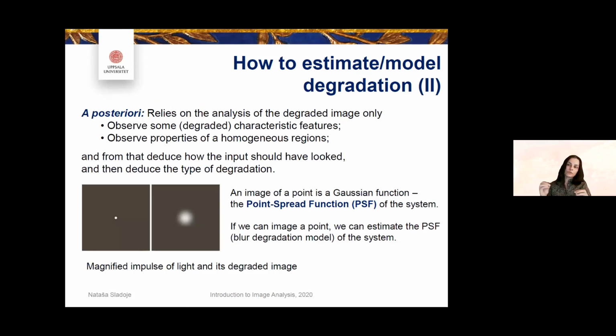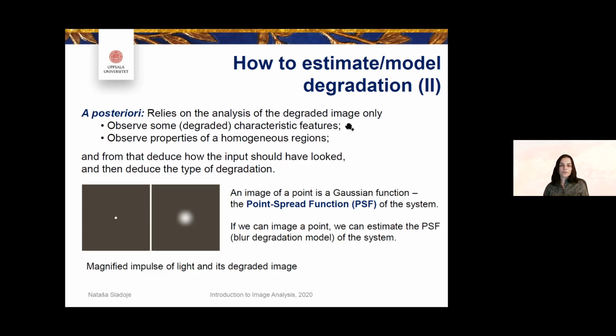We don't know these details which would correspond to the speed of the movement and so on. We do not know how the image should look in some other, let's say, atmospheric conditions. We just have the degraded image, and we need to estimate the degradation based on that.